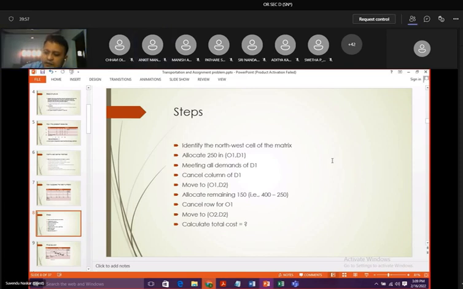Now question: is this an optimal solution? What do you think? No, sir, because we haven't considered the per unit cost aspect in our calculation. Okay, yeah, that is one reason. What could be the other reason?